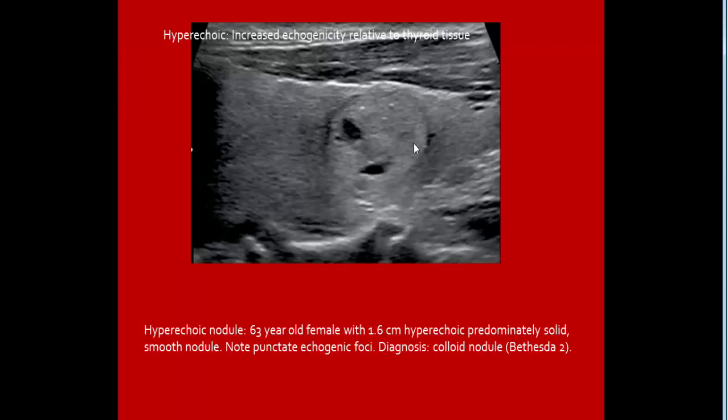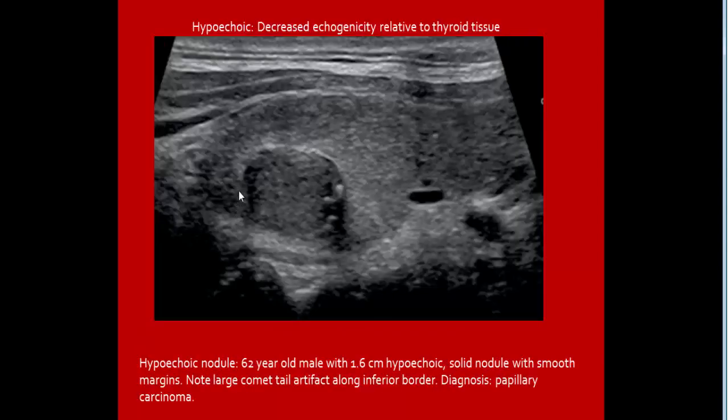This is a hyperechoic nodule, increased echogenicity relative to the thyroid tissue. Hyperechoic nodule, and this is a colloid nodule example. Hypoechoic, decreased echogenicity relative to thyroid tissue. Hypoechoic nodule, and this is a papillary carcinoma case.